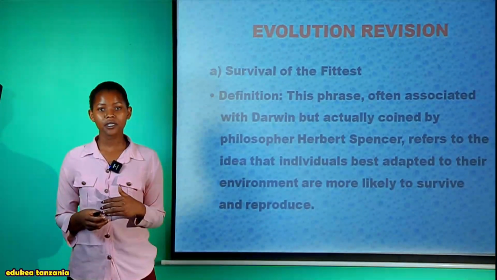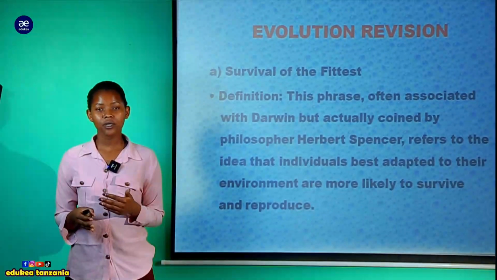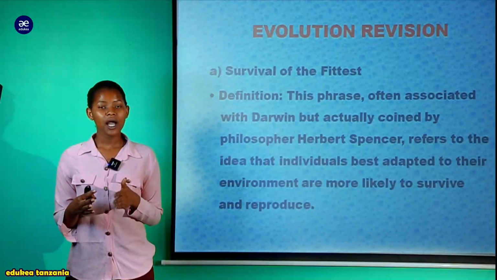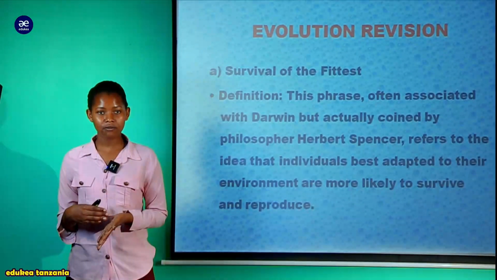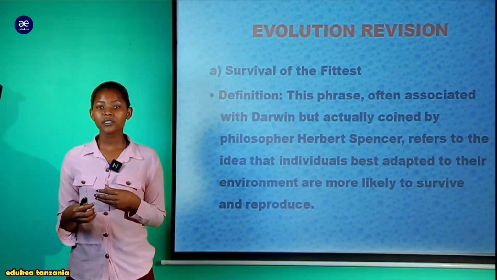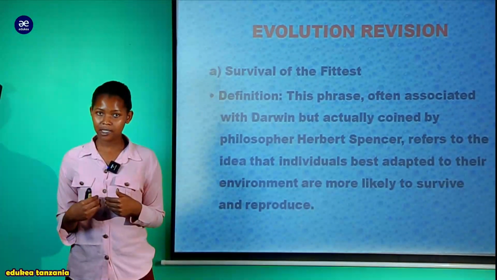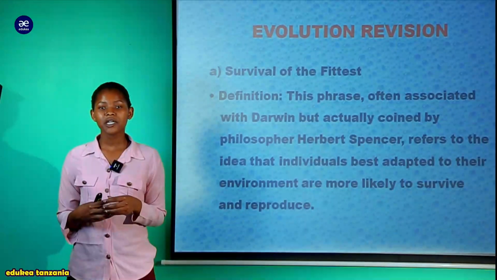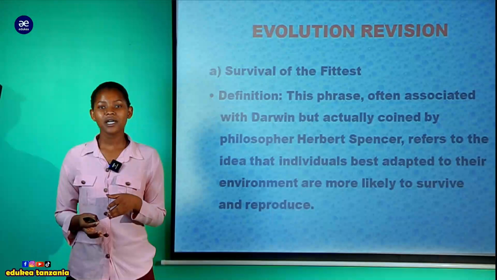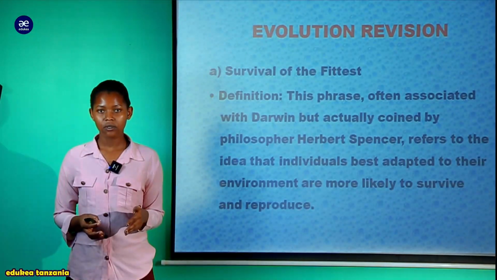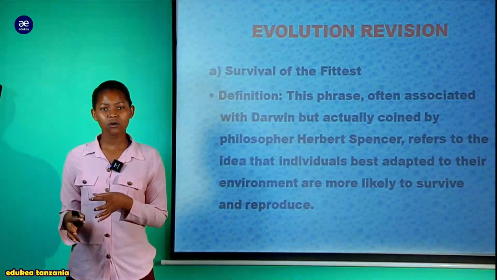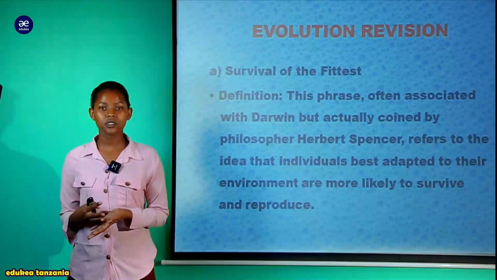Tunapozungumzia natural selection, we mean that kwenye mazingira kuna some factors ambazo zinasababisha other organisms washindwe kusurvive but others waweze kusurvive, and ambao watashindwa kusurvive, it means that nature itawaselect against, but ambao wataweza kusurvive nature itawaselect for. Kwa hiyo watakaokuwa selected for watasurvive, but watakaokuwa selected against wataperish out.